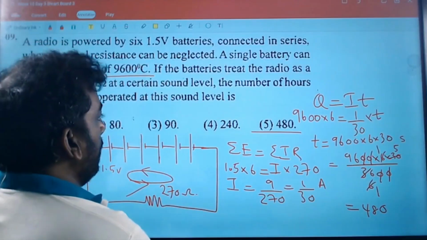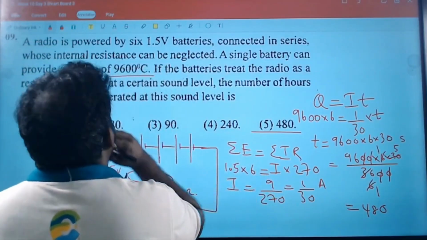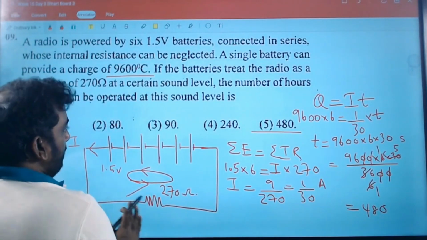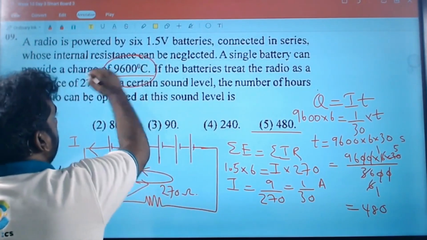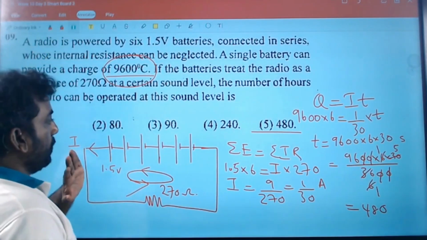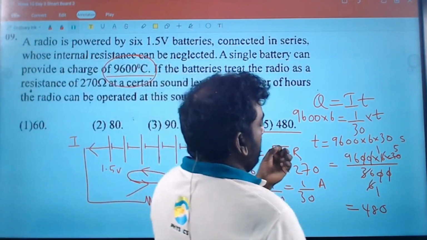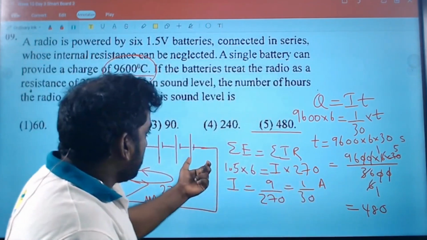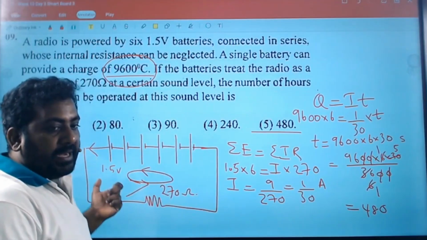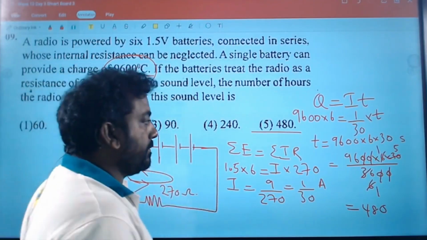Now, if a single battery can provide a charge, the charge traveling through this is the same. So, be careful here. You might make that error. Charge at a particular instant will be 9600.